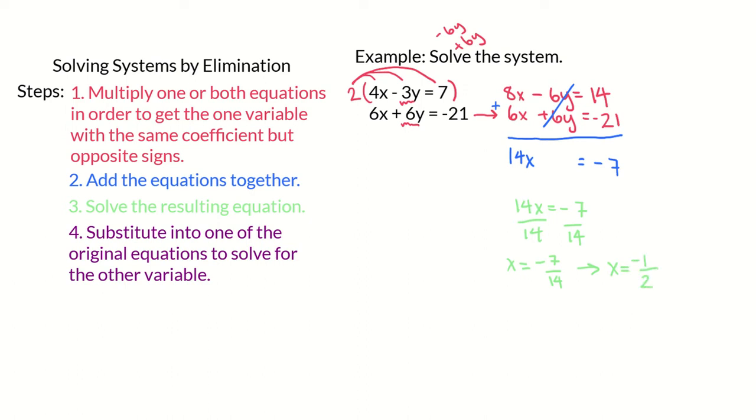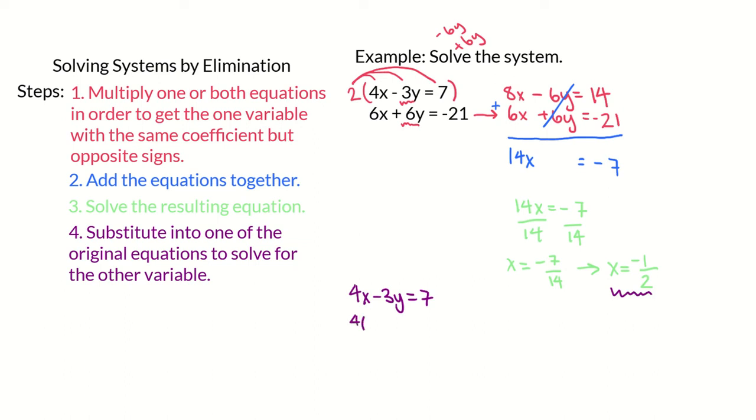So that's the x value. Now we just need to find the y value. We find that by substituting into one of the original equations, and we could choose either one. Let's just choose the top one. So the top equation is 4x minus 3y equals 7, and we're substituting in x equals negative 1/2 and then solving for y.